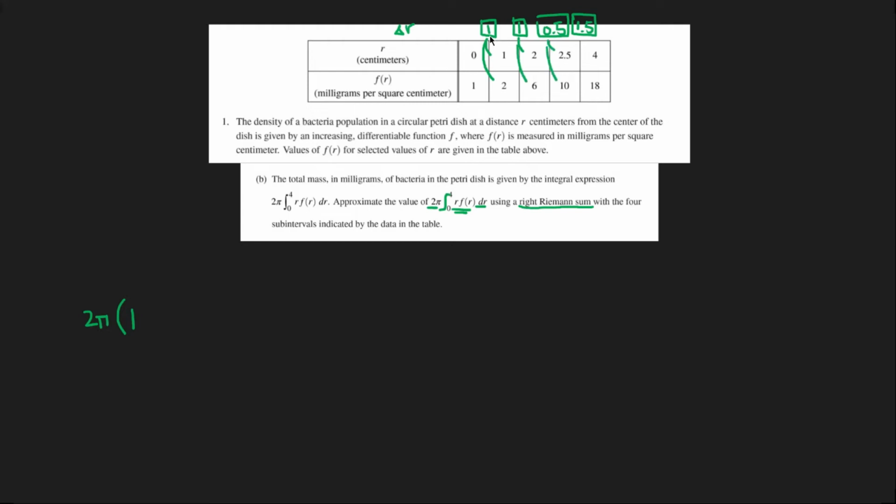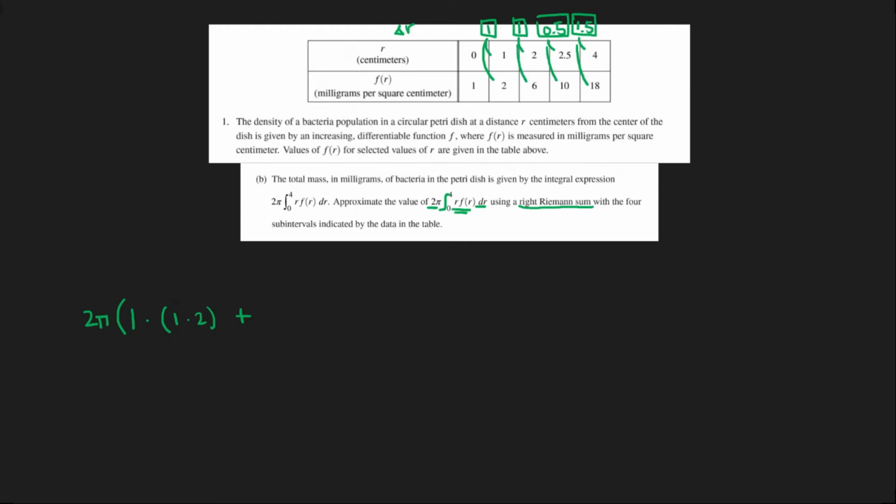All of these widths are dealing with the heights to the right, since we're dealing with a right Riemann sum. So 1, and we're dealing with an r of 1 and f of r of 2. So 1 times 1 times 2. And then from there, we can just do the same thing for all of these subintervals.